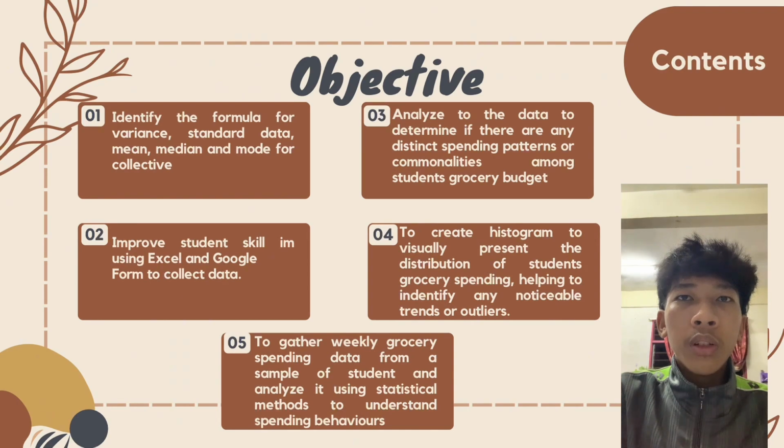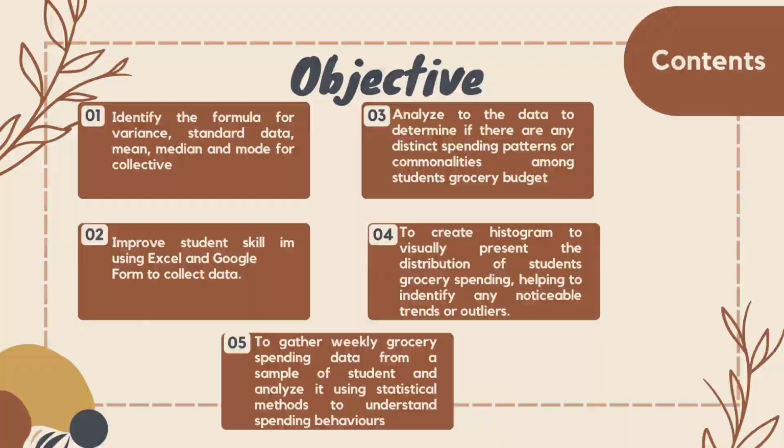Number 4, to create a histogram to visually present the distribution of student grocery spending, helping to identify any noticeable trends or outliers. The last one, number 5, is to gather weekly grocery spending data from a sample of students and analyze it using statistical methods to understand spending behavior.